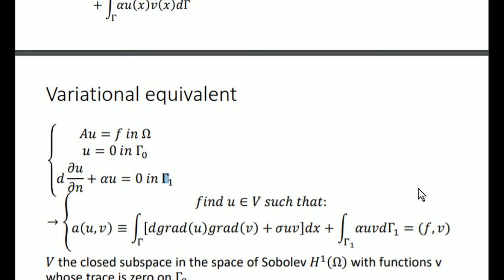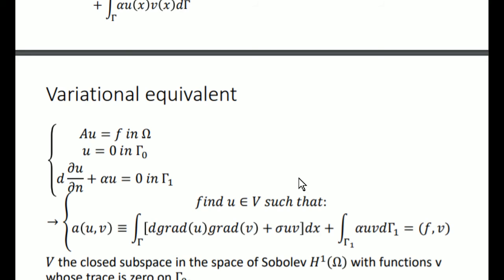And this must be true for all V. And this is the scalar product. And V represents the closed subspace, so H01 of omega, in the space of Sobolev H1 of omega, with functions V whose trace is 0 on gamma 0.